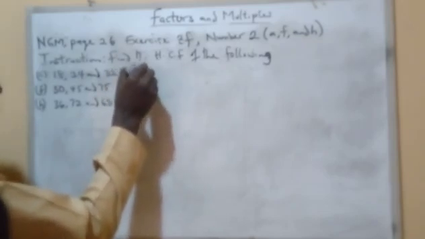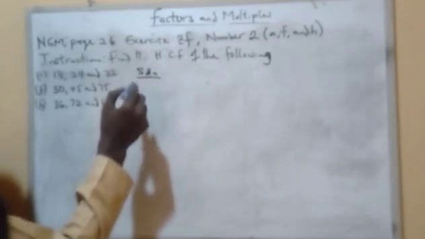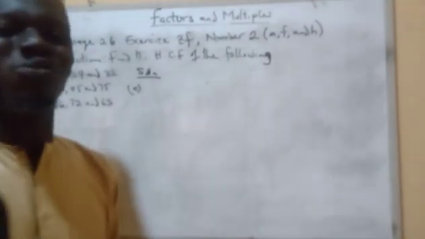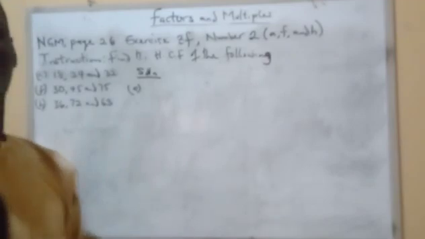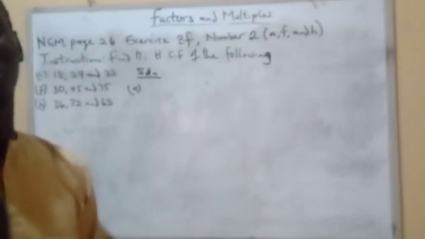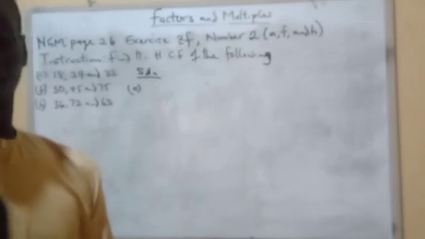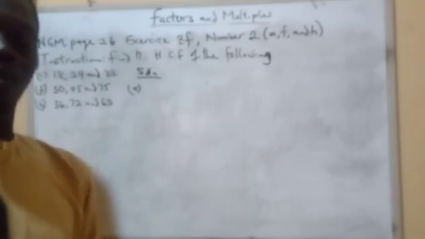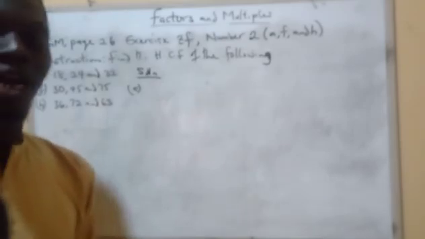How do we find the HCF of it? We said solution. We have numerous methods of solving the HCF of two or more numbers, but we are going to take the easier one. Don't forget, our motive in this class is to simplify things for ourselves. So we take the easier part.